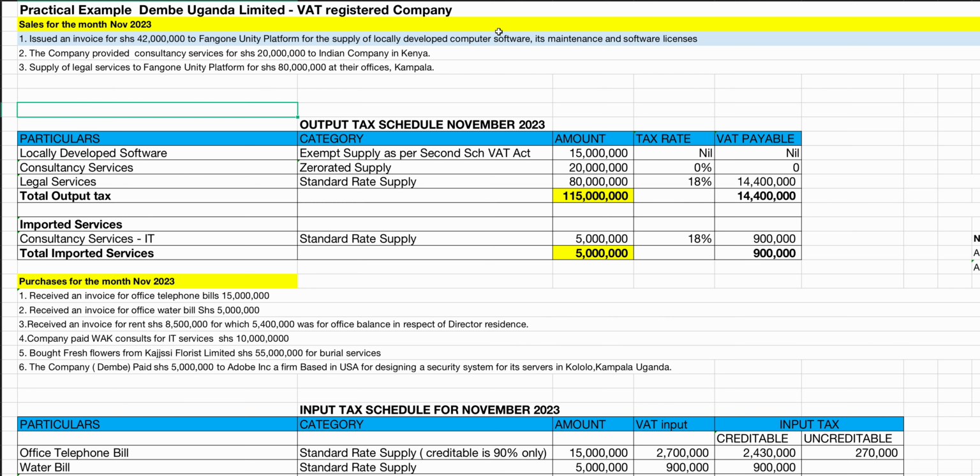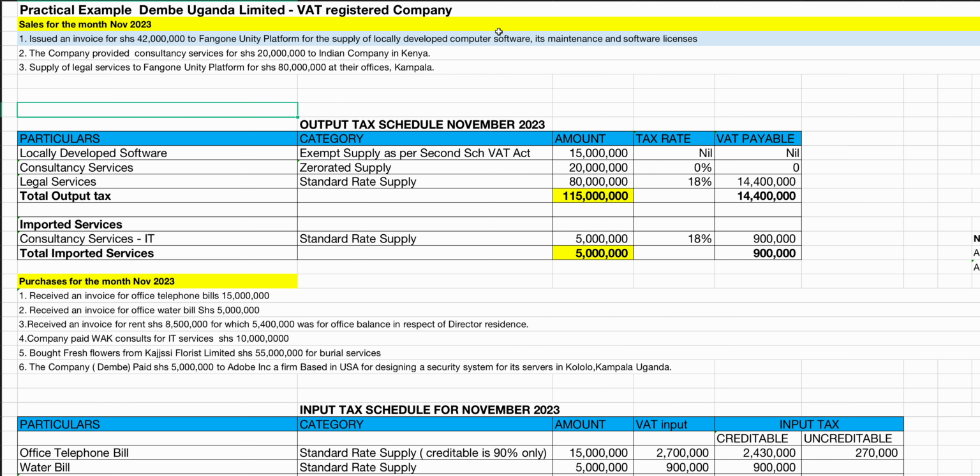That's the example. It's talking about an invoice we issued, or a sale we made, to Fangon Unity platform for the supply of locally developed software. What does that mean? When it comes to locally developed software, you must be very conversant with your tax act, the VAT Act. Most times I recommend accountants and consultants to have a copy of the updated version of the act each year, to avoid any errors in the classification of some of these items or in categorizing some of these expenses and sales.